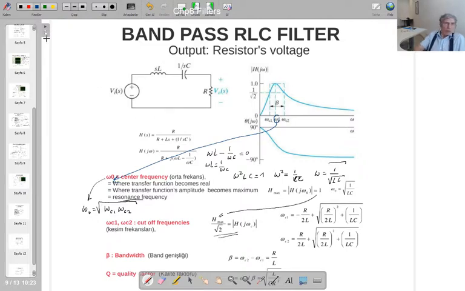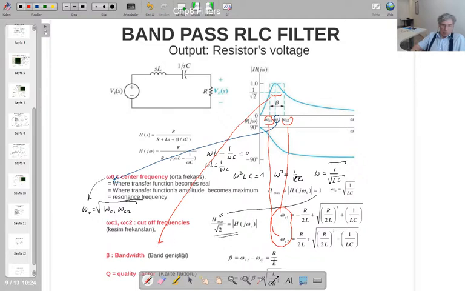These cutoff frequencies here are these cutoff frequencies. If you find the difference between these two cutoff frequencies, upper and lower, you're going to get the bandwidth. That is better. And it is equal to this one.